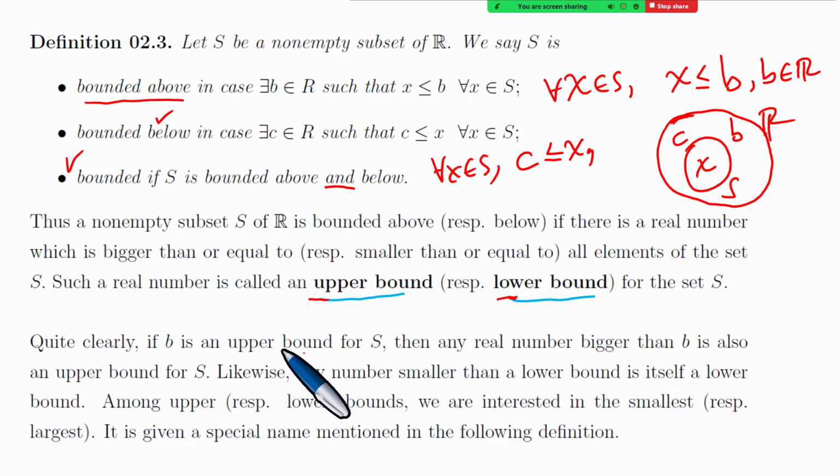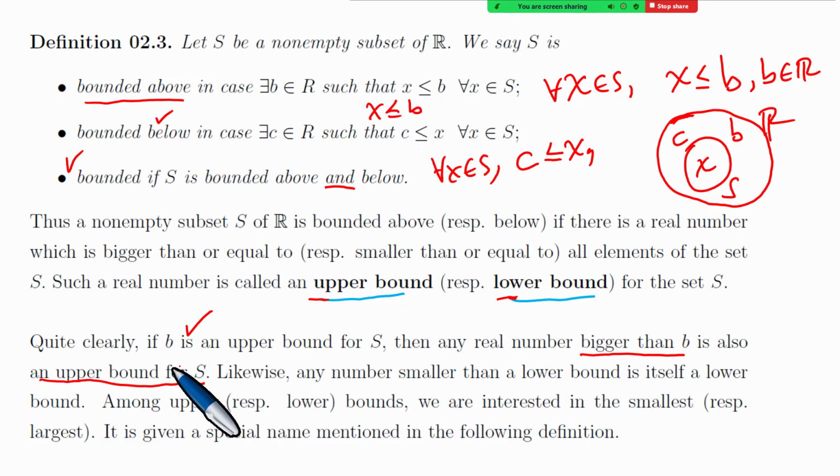Quite clearly, if B is an upper bound for S, then any real number bigger than B is also an upper bound for S. Okay? Quite clearly, yes, because it's an upper bound.